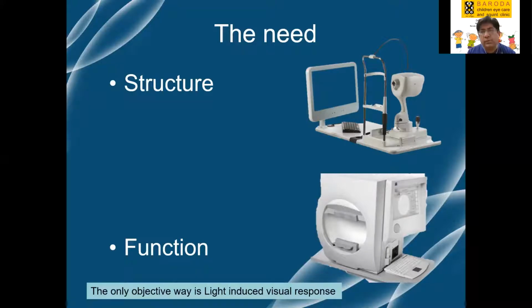But we know that the visual field suffers from the problem that it is subjective, and OCT has a limitation that it is mainly the structural part of it, and we cannot find out whether the function is normal or not. And therefore, the only objective way is to have a light-induced or a stimulus-induced visual response, which is pattern ERG.